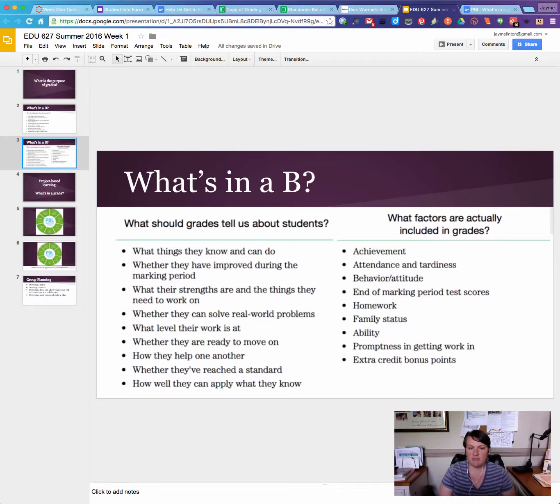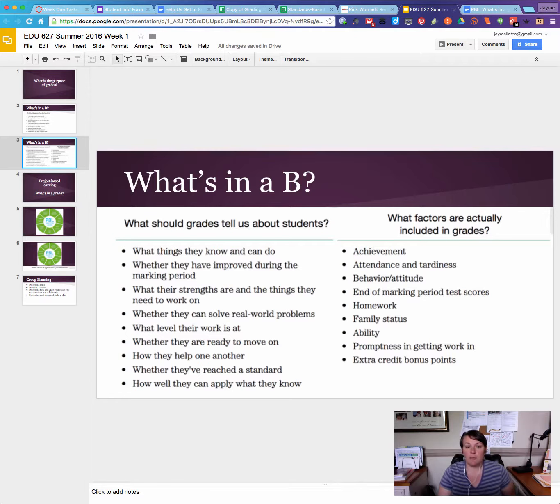They include achievement. So, test scores, how students achieve on assignments. They also included factors of attendance and tardiness. So, for example, reducing points for absences or for missed work or for being tardy. Factors also included behavior and attitude.